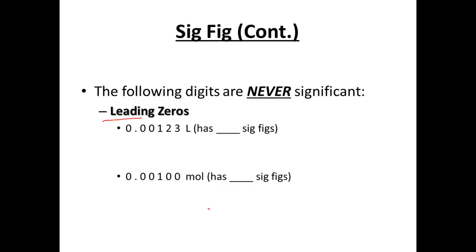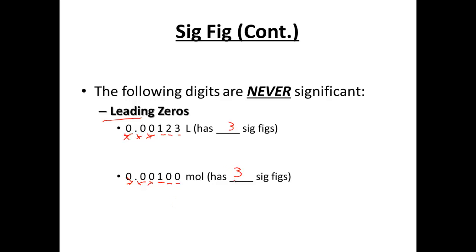Leading zeros are never significant. So zeros before any number are never significant. So no, no, and no. So we only have our 3 significant figures here. Leading zeros, nope, nope, nope. Digit, yes, and trailing zeros, yes.